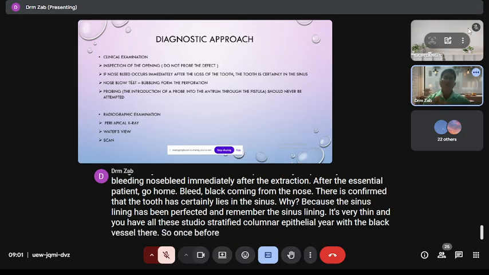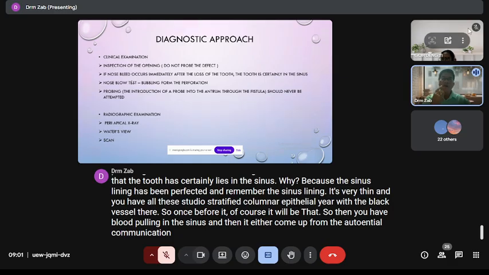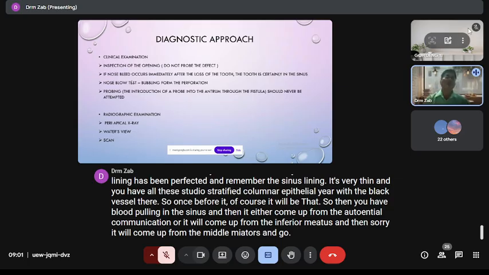So once perforated, of course, it will bleed. Then you have blood pooling in the sinus, and it either comes up from the oro-antral communication, or from the inferior meatus, the medial meatus, and goes into the nose.